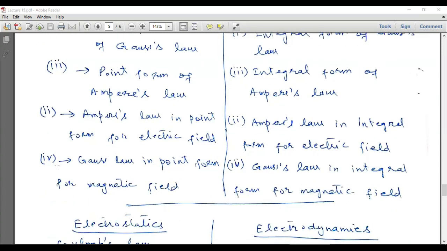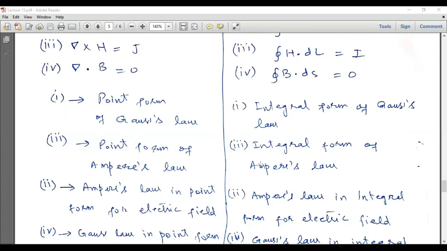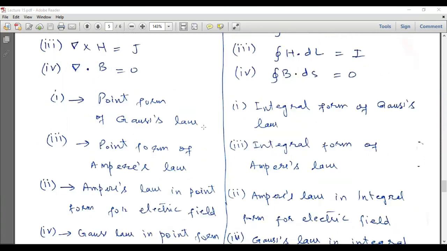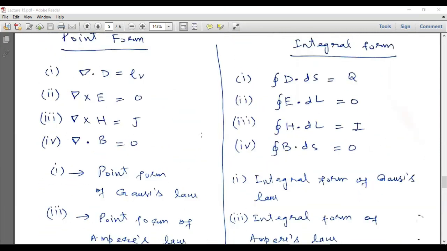The fourth Maxwell's equation is Gauss's law in point form for magnetic field, and here the fourth equation, B dot dS equal to 0, is Gauss's law in integral form for magnetic field. So these are all the four Maxwell's equations.